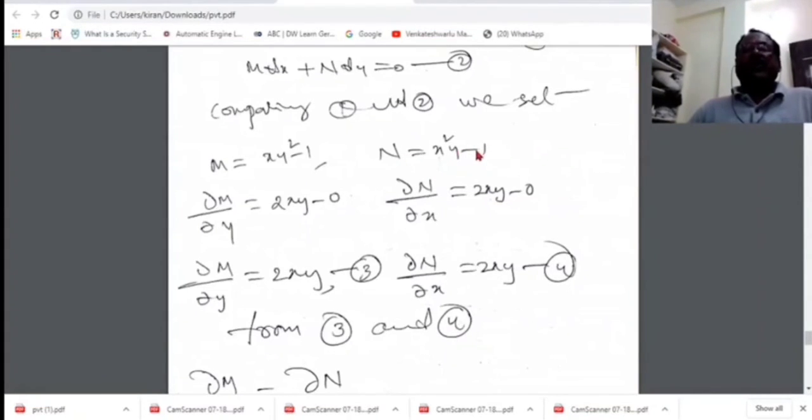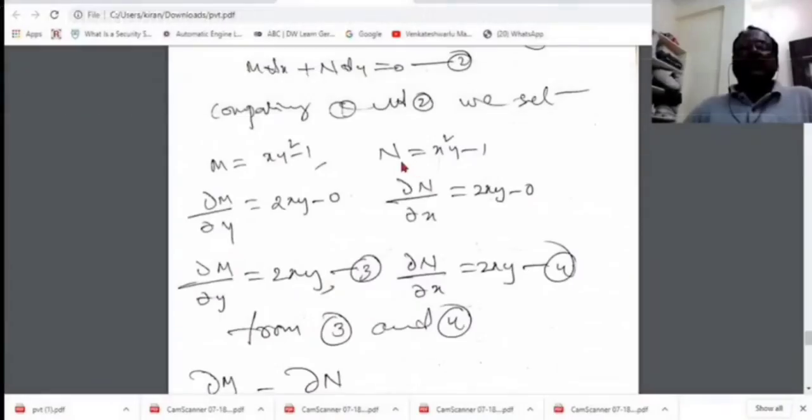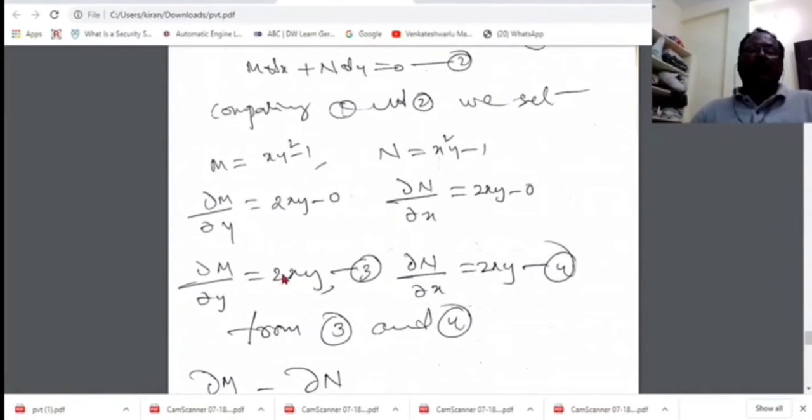Now here, partial differentiation with respect to x, y is constant, the derivative of x² is 2x, minus 1 derivative 0. So ∂N/∂x is equal to 2xy, equation number 4.